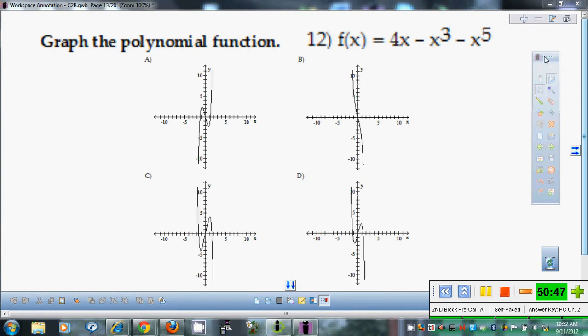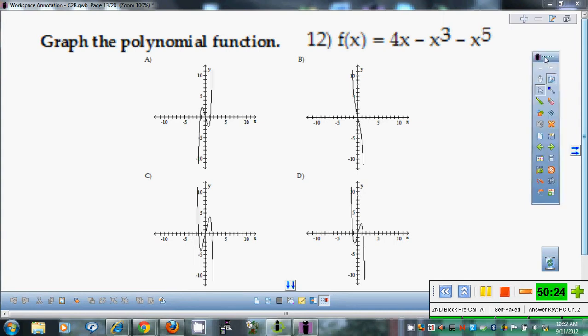Now, when in doubt, you can do an XY chart. I'll try to find a value on here where the three remaining possibilities look different. Like x equals 1. Looks like this function at x equals 1, y equals negative 3. At this one at 1, looks like it's about 2. At this one, looks to be way up here at 4.